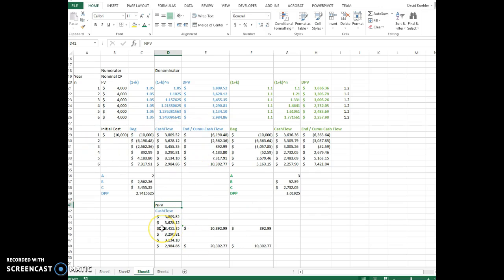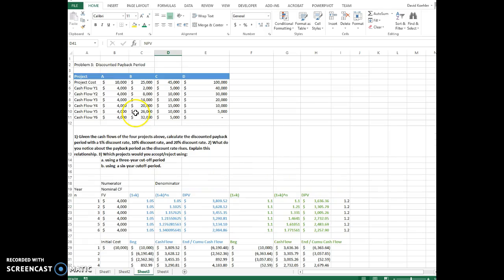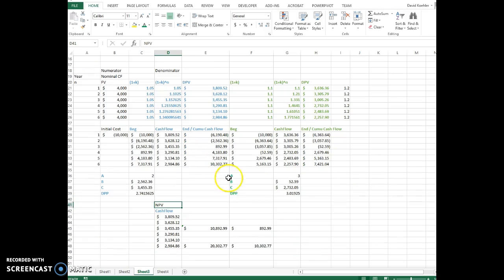All you've got to do is add up the cash flows. You get to a sum, subtract the project cost, and that gives you your net present value. And this is at 3 years, and this is at 6 years. Easy.